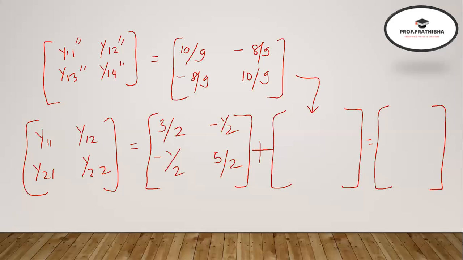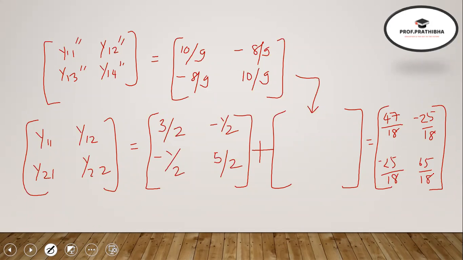Okay, so Pragati is giving me an answer. She says it's 47 by 18, minus 25 by 18, minus 25 by 18, and 65 by 18.